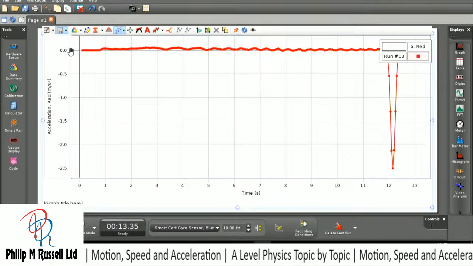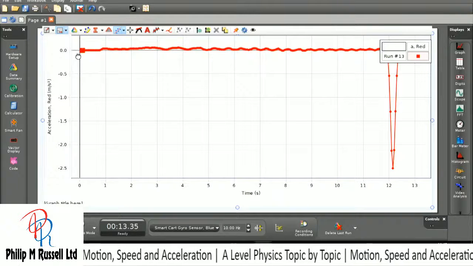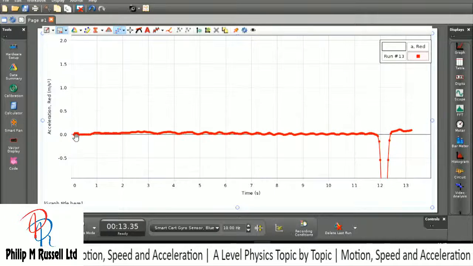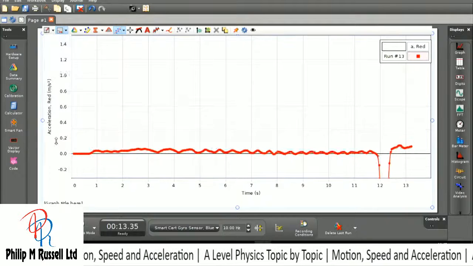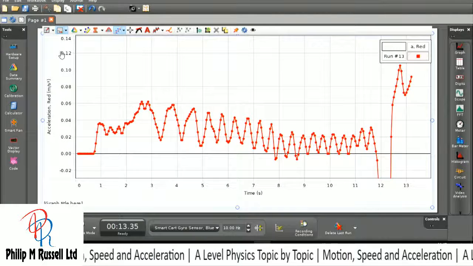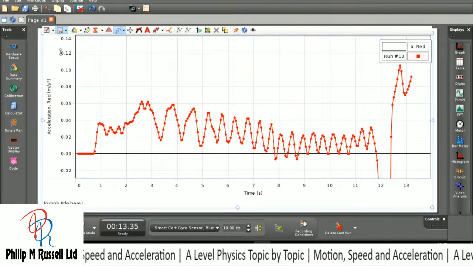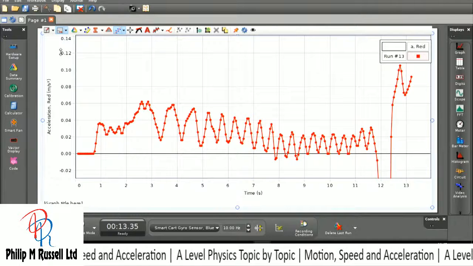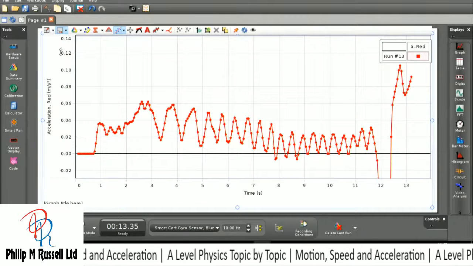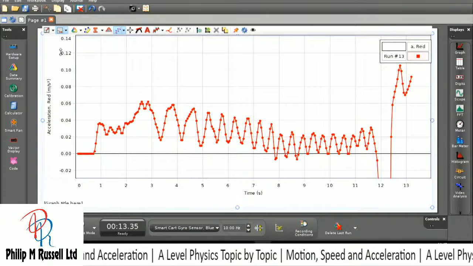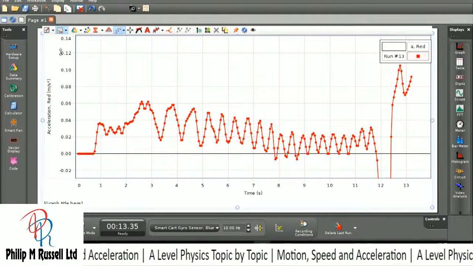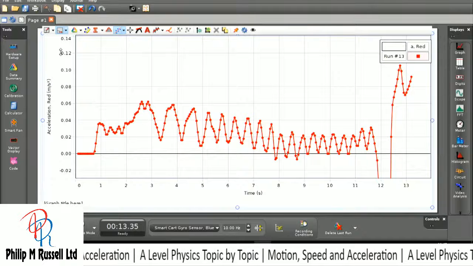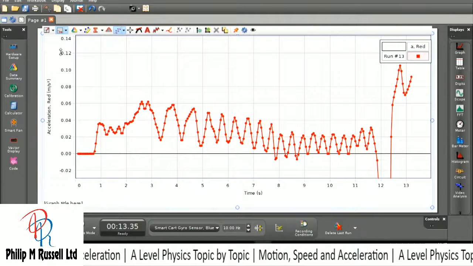And if we look at this acceleration graph, let's just bring it down and let's change the scale, and you can see that we have got an extremely odd form of acceleration. Why?